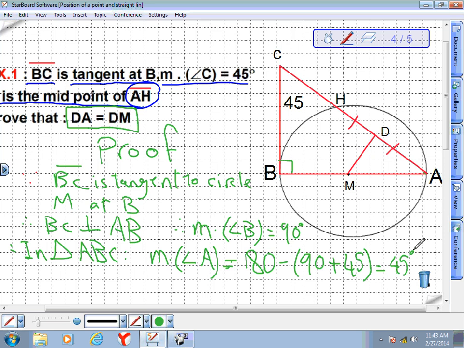The 90 degrees for angle B, the 45 for the angle C. We have in the triangle ABC, like here, measure angle C 45, measure angle B equals 90, so the measure of angle A here will be equal to 45, and this step will be numbered as 1.